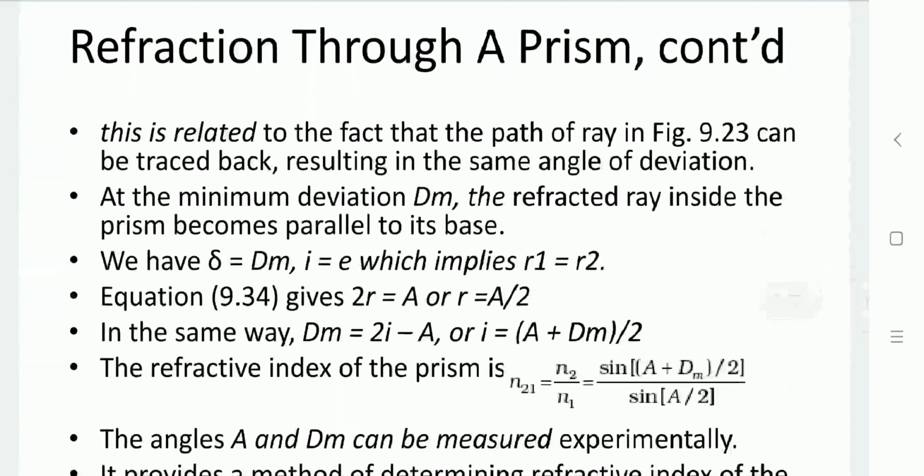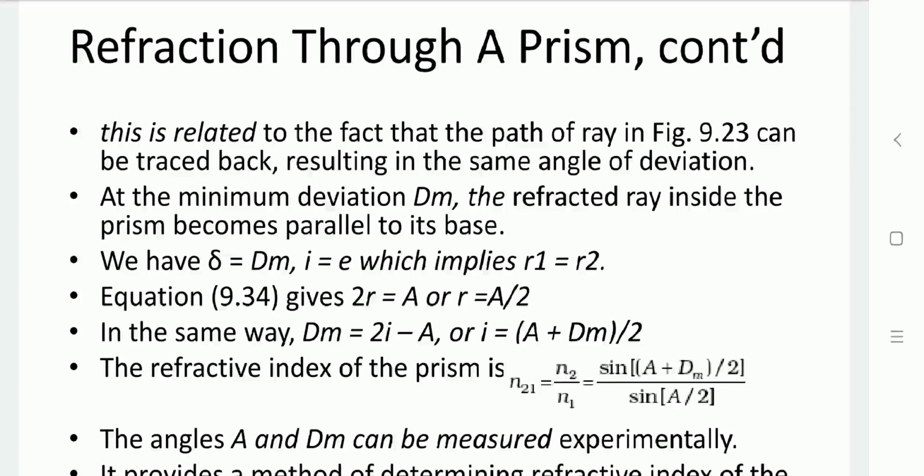The ray path can be traced back with the same angle of deviation. If we give the angle of incidence on the AC side of the prism, then from the AB side the same emergence angle will be there.